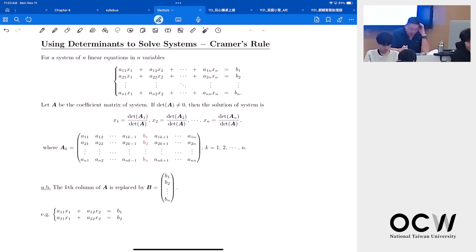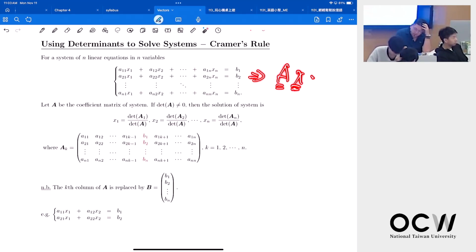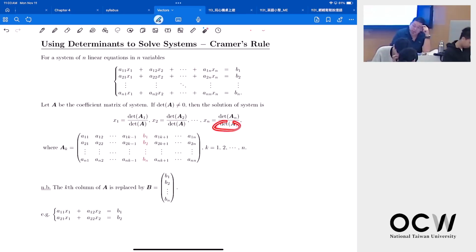Now, A is a coefficient matrix, and I can write this as AX equals B. If determinant A is not 0, then I can use Cramer's rule, and the solution is x1 equals determinant A1 divided by determinant A, x2 equals determinant A2 over determinant A, to xn equals determinant An divided by determinant A.